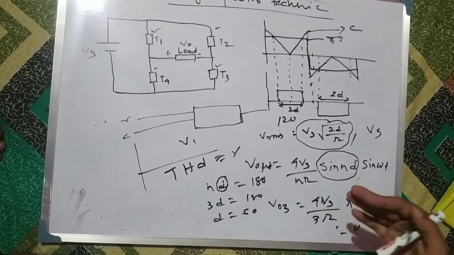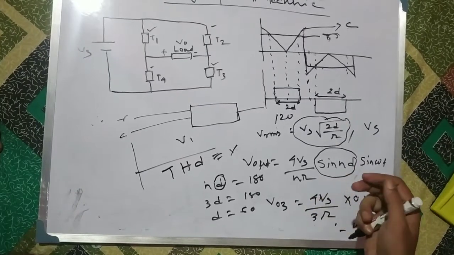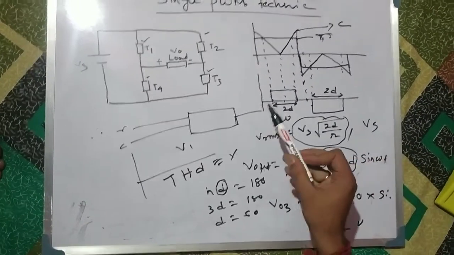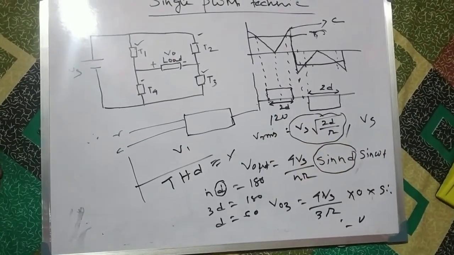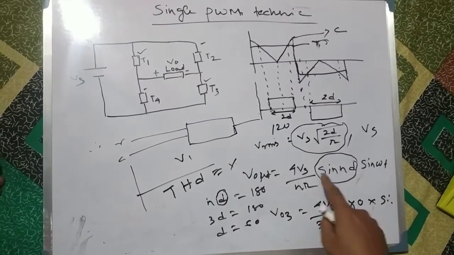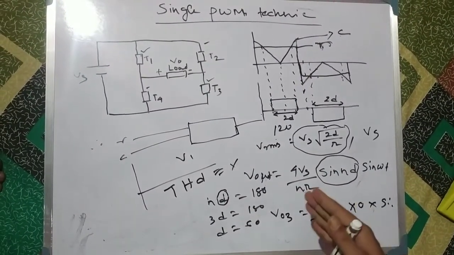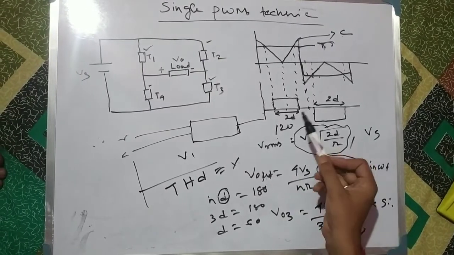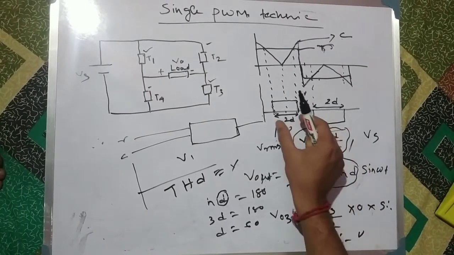If we want to control the output voltage, we can use single phase pulse width modulation. Now if we want to eliminate the fifth harmonic, what is the pulse width value?